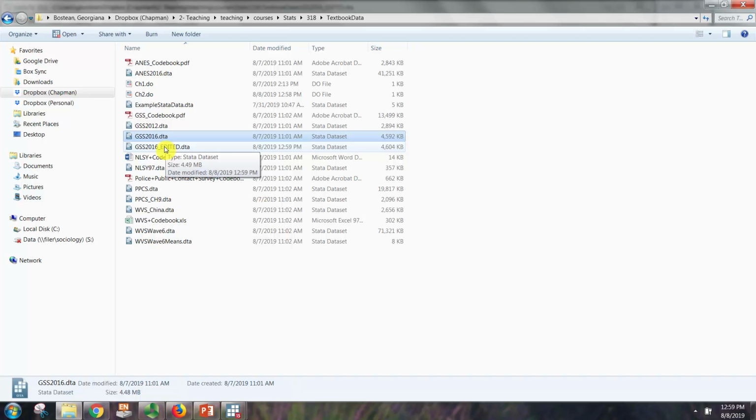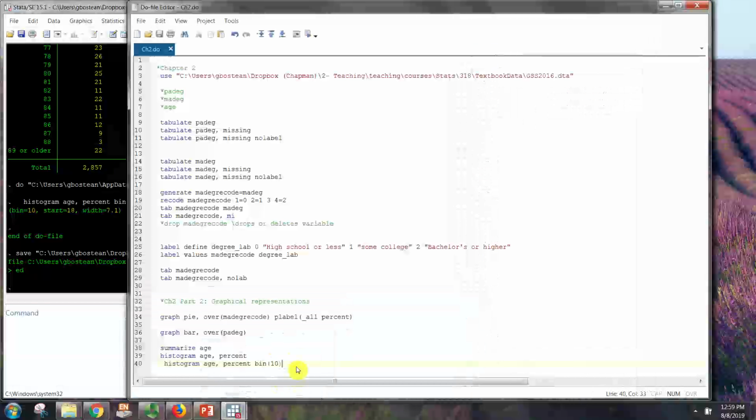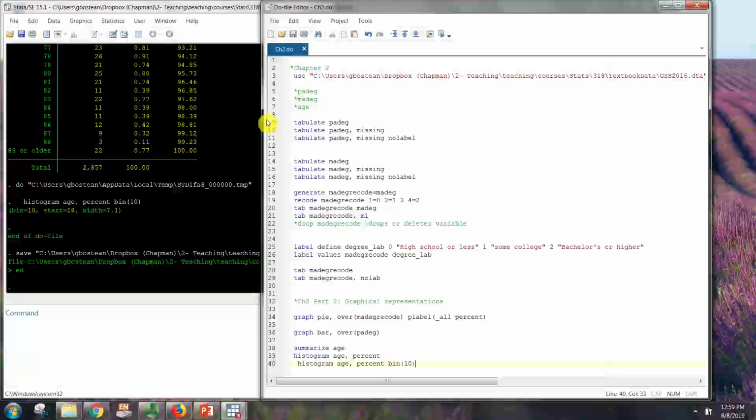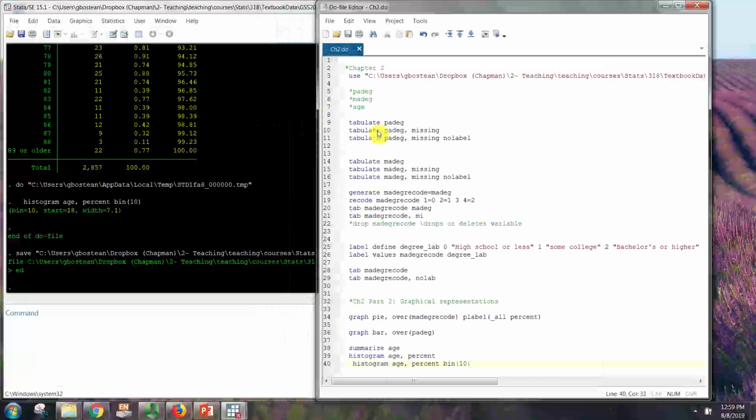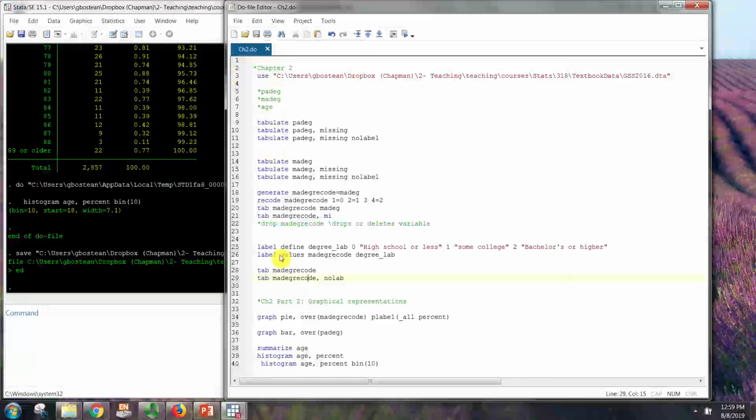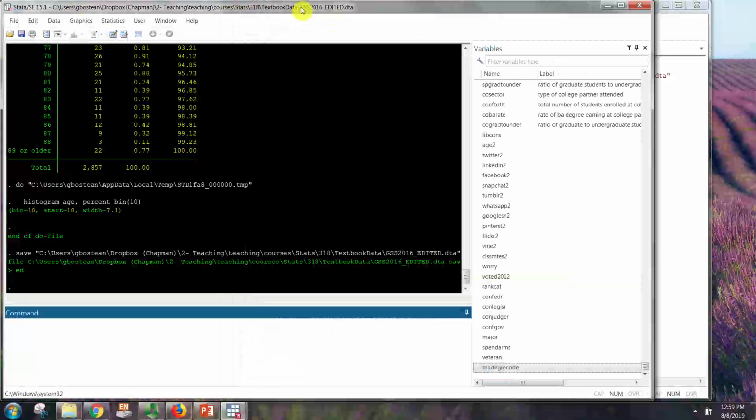If anything goes wrong or I code something incorrectly and I don't catch it in time and I'm worried that maybe there are other errors in the data set, it's always good to have the original data set saved separately. So we've saved our do file for Chapter 2 that has all the code that we just went through. We saved the data set. You can see that it changed the name up here as GSS 2016 underscore edited so that I know that I made changes to this.